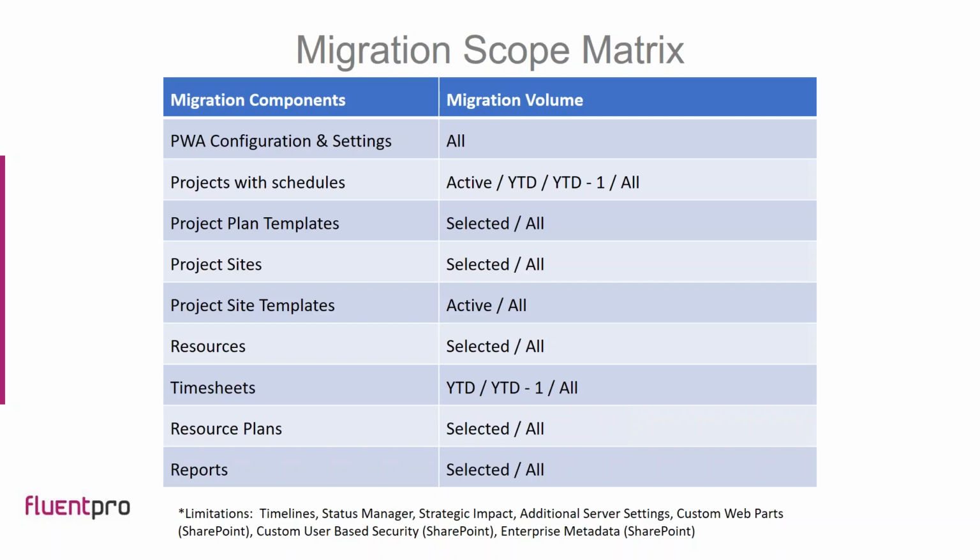Among them are project timelines, status managers, and strategic impacts. These limitations are related to the API, and there are also limitations related to SharePoint, like custom web parts. Quite often they are not supported in Project Online by its infrastructure.